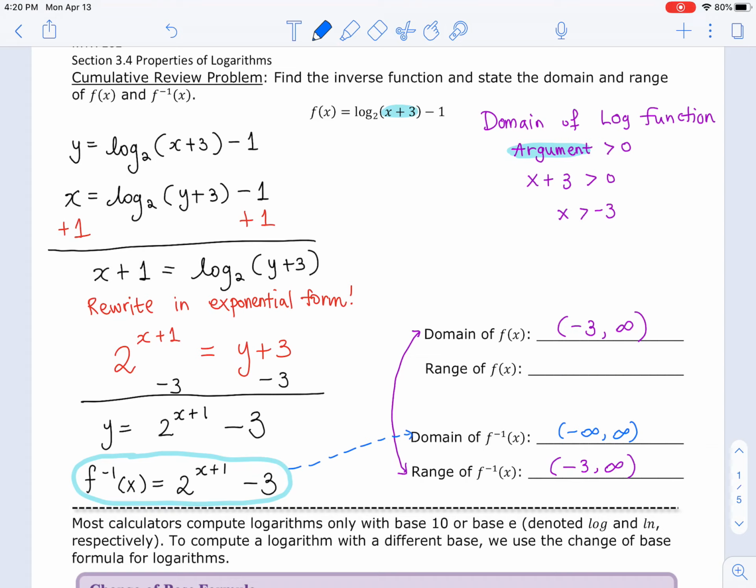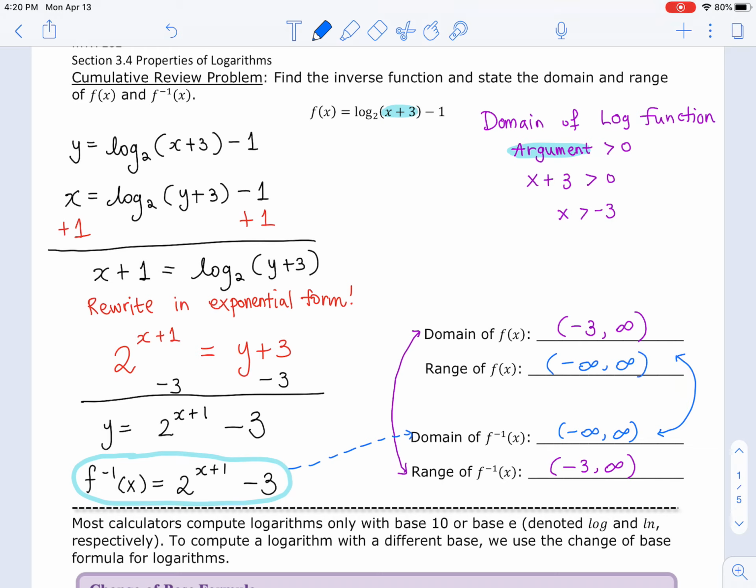We can raise 2 to the 0 power, 2 to a negative power, 2 to a decimal or fraction power. So for the domain of an exponential function, we don't really have a restriction. We can have any number. So we do know that the range of a logarithmic function is going to be negative infinity to positive infinity.